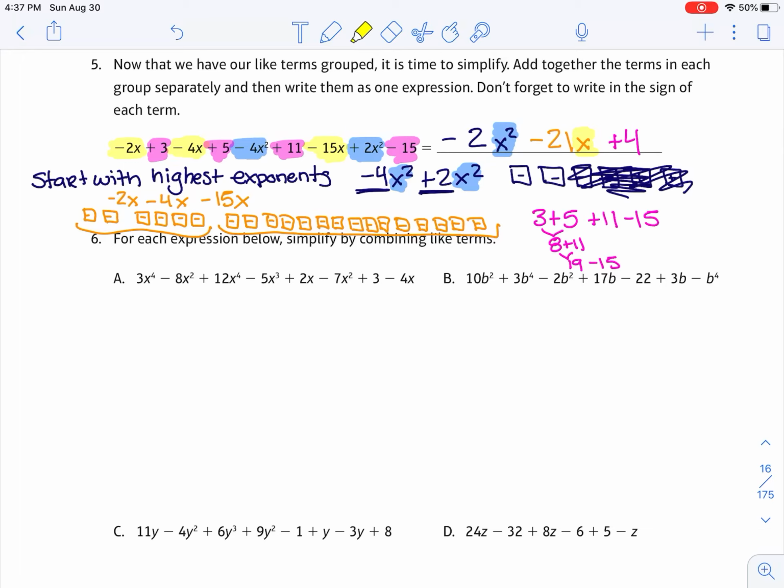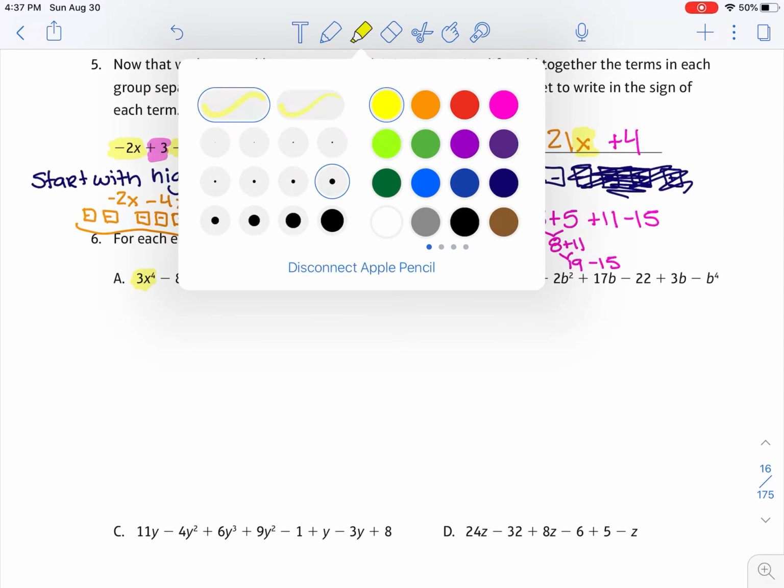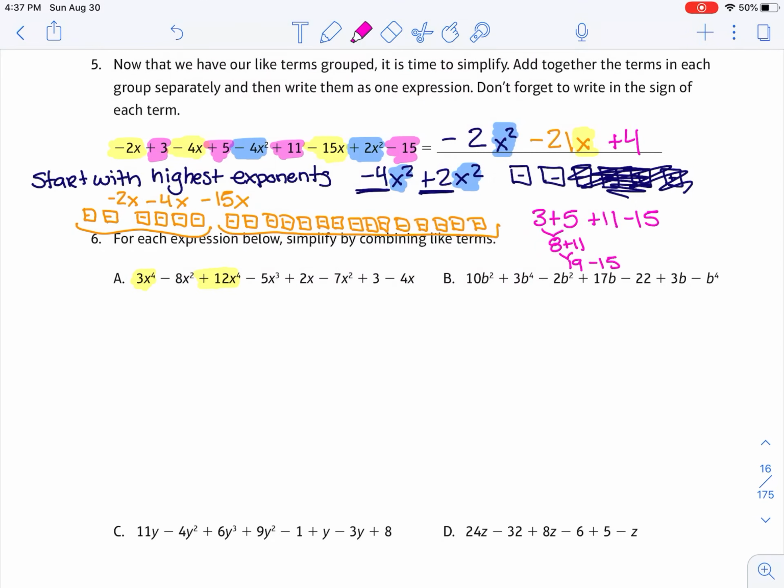So we're going to go ahead and we're going to simplify each of these expressions. So I'm going to go through and I have 3x to the 4th. I'm looking for x to the 4ths to combine with. That's all I got. So now I'm looking for x to the 3rds.